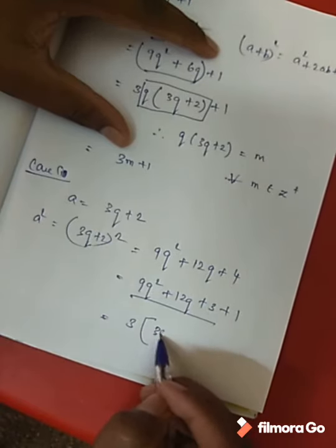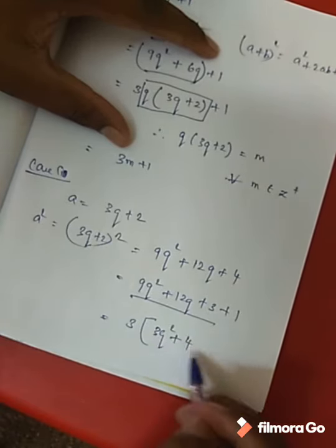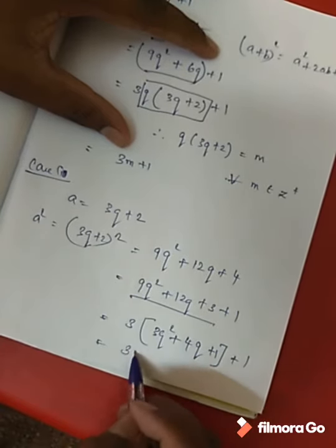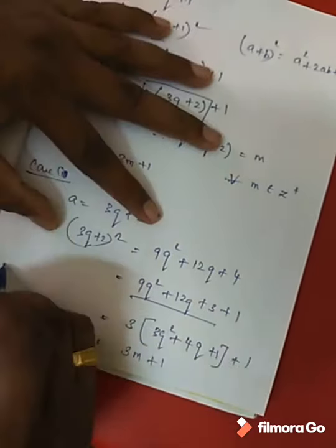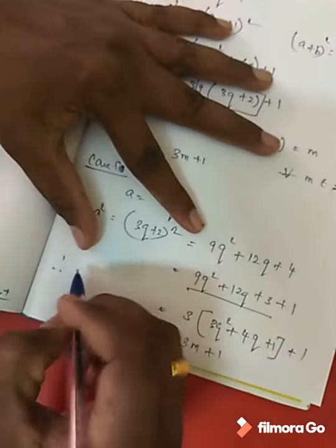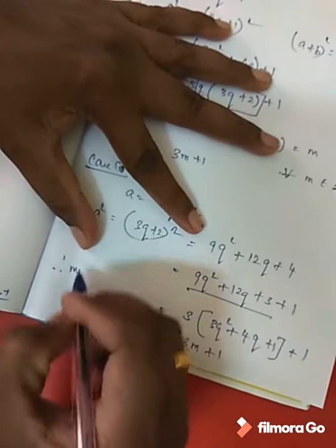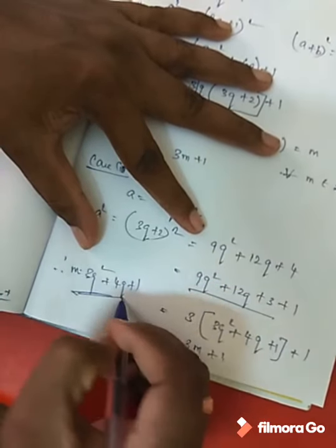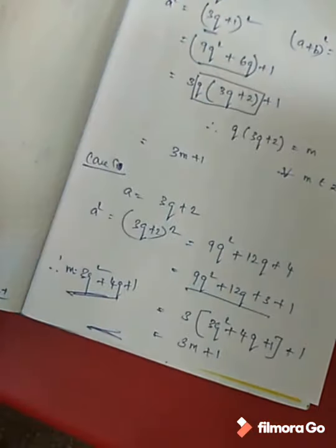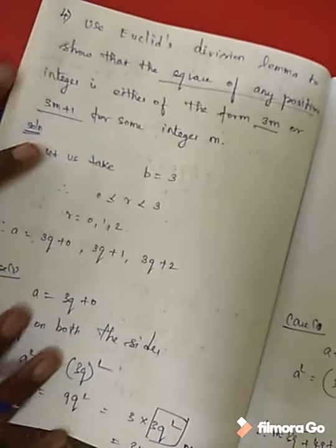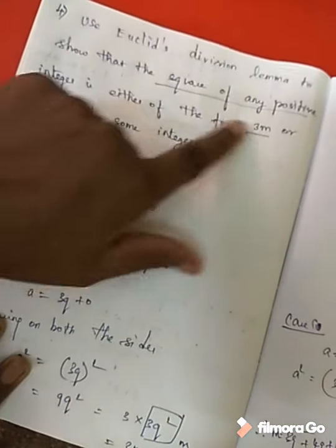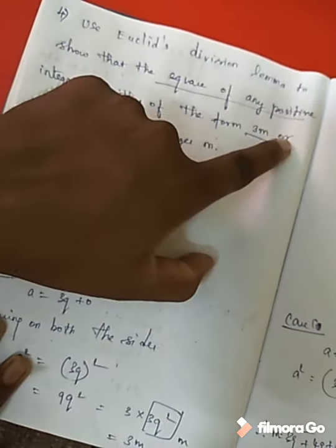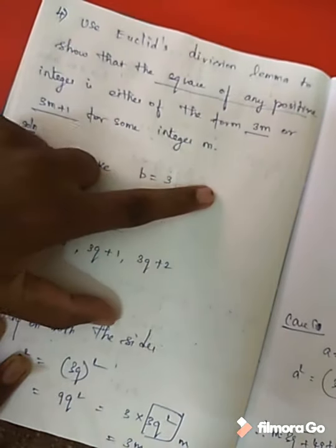So here 3q square plus 4q plus 1, plus 1. So I can write 3m plus 1 such that m is equal to 3q square plus 4q plus 1. So we can conclude that the square of any positive integer is either of the form 3m or 3m plus 1 for some integer m.